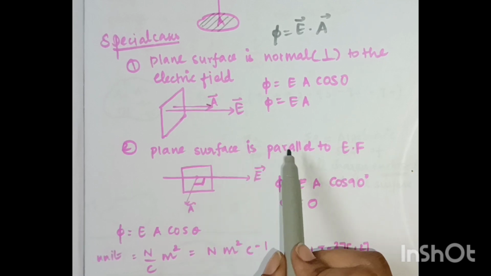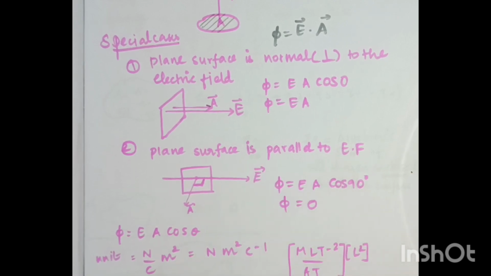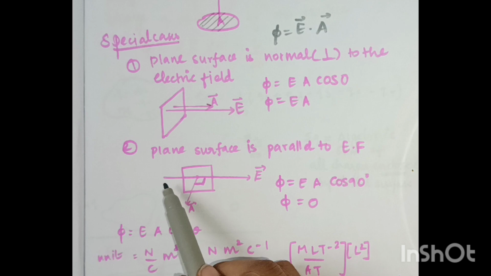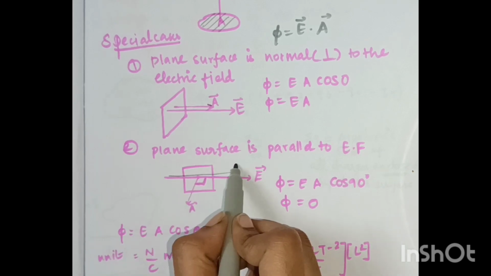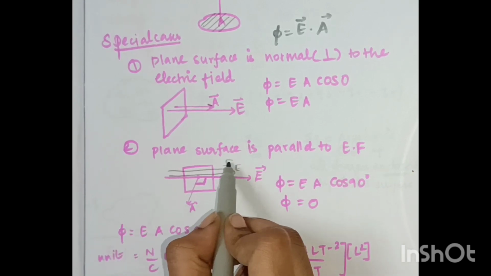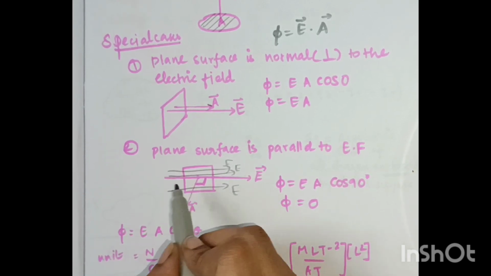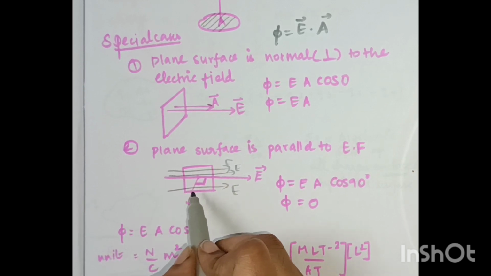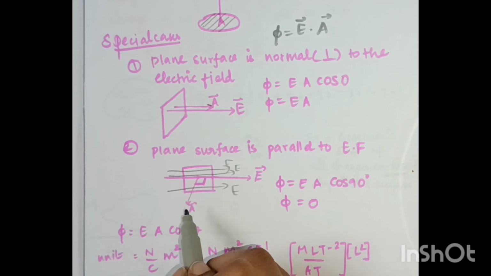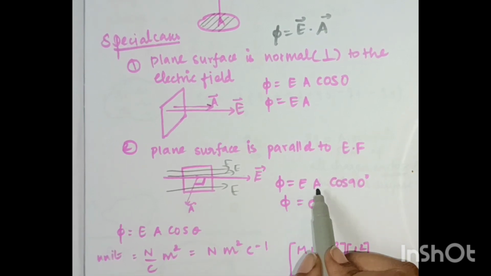If the plane surface is parallel to the electric field, then the case is different. This is our plane surface and it is kept in the same plane as the electric field. Many electric field lines are like this, and our plane surface is just kept like this. It is not perpendicular to the electric field, it is in the plane of the electric field. So phi equals EA cos 90.